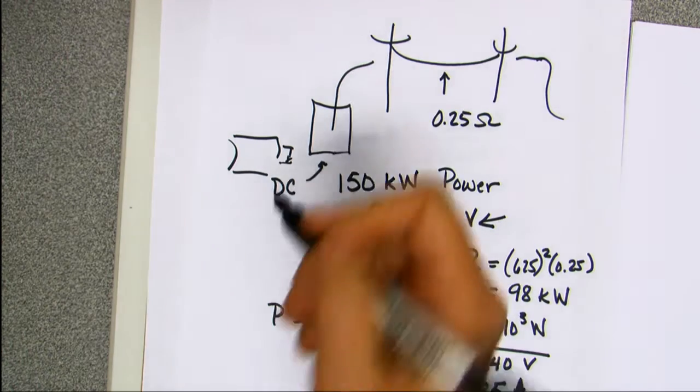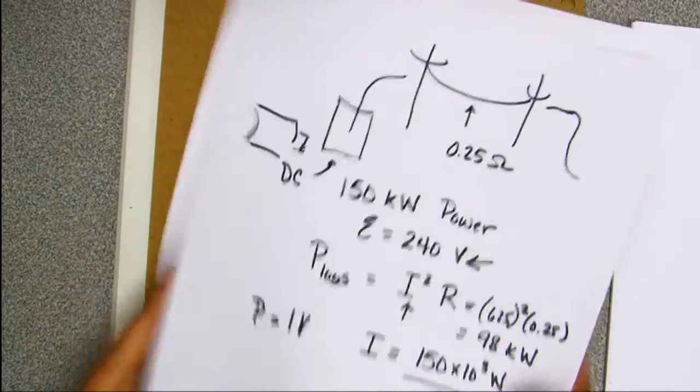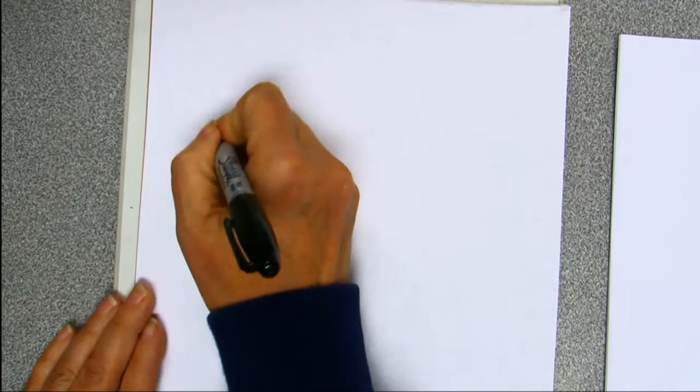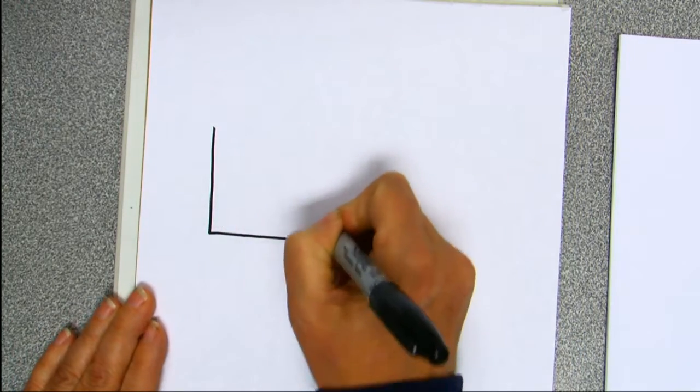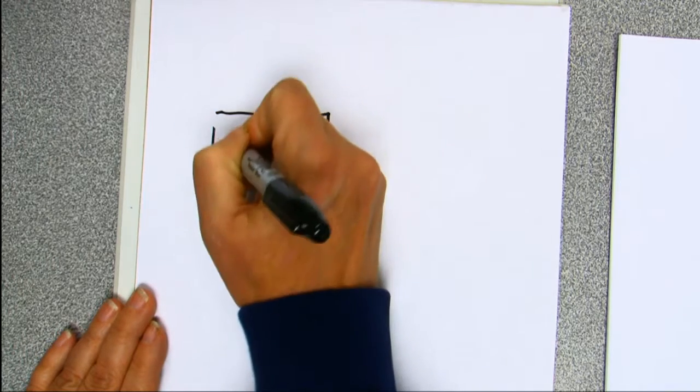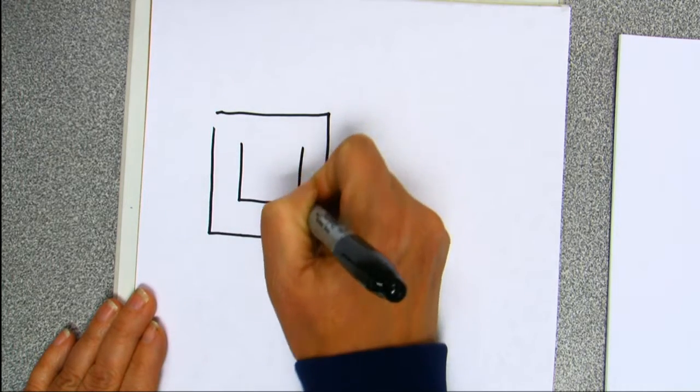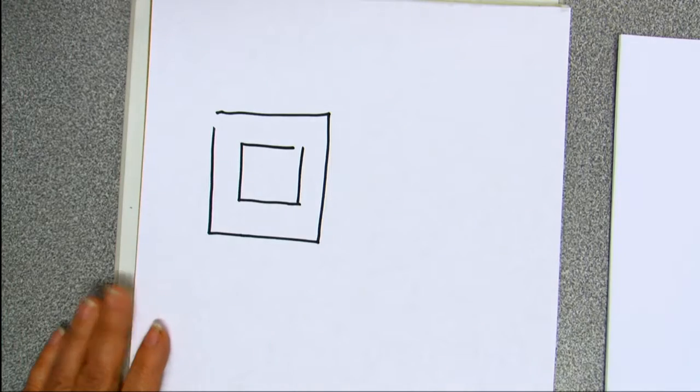And transformers, their basic way they work is this. We essentially have a Faraday inductance ring. Usually you see them as squares when we draw them in pictures.